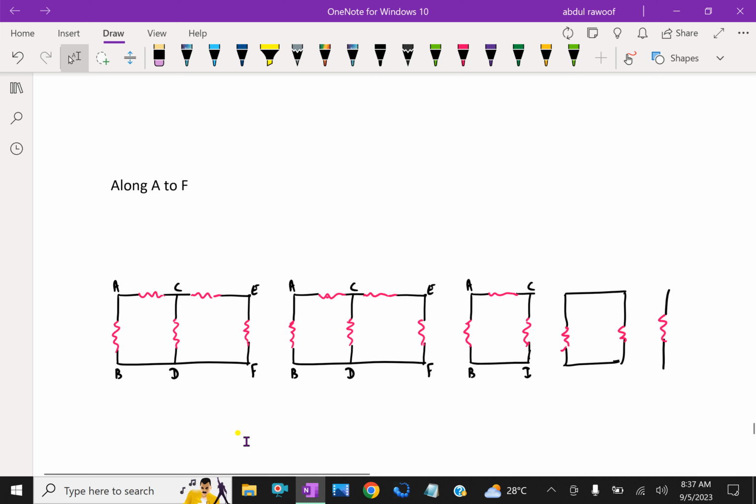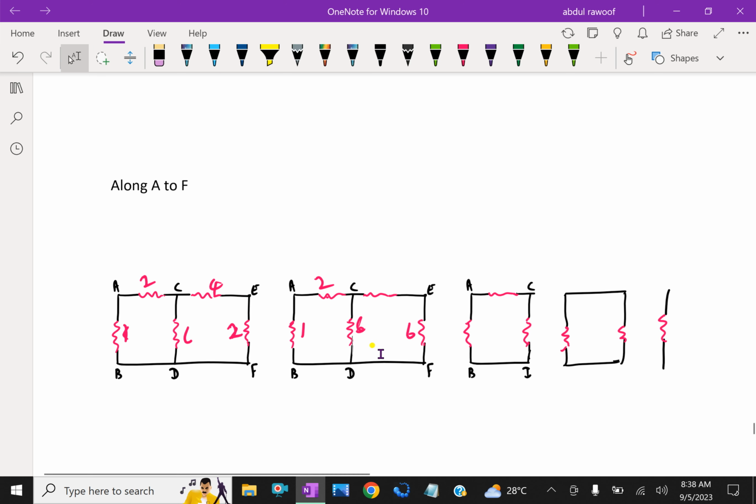A to F is first here 1, 2, 4, 6 and 2. Second, it becomes here this is 2, 1, 4 and 2 is 6 here. This 4 and 2 become series 6 and this 6 is already here.